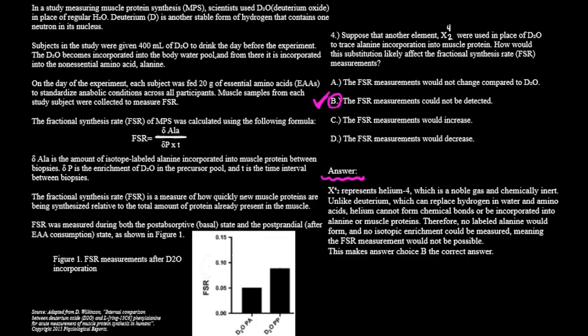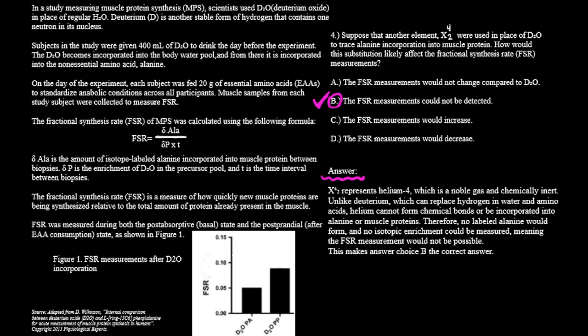Sometimes the MCAT presents scenarios that require you to apply both your background knowledge and the information from the passage to new situations that are not explicitly described. This question is asking what would happen to FSR measurements if a new isotope were used instead of D2O.